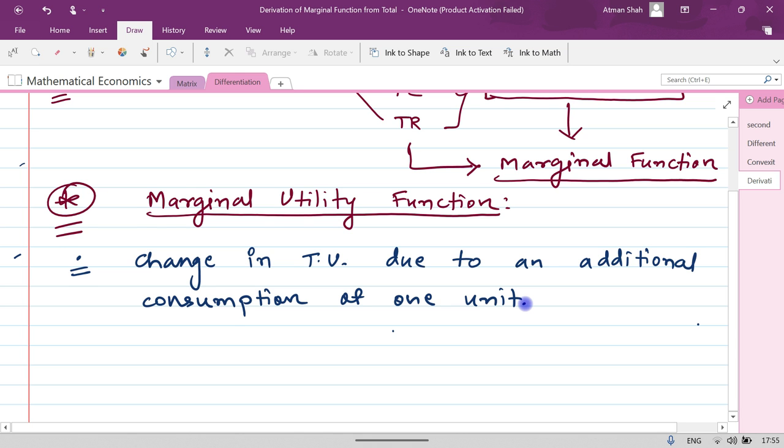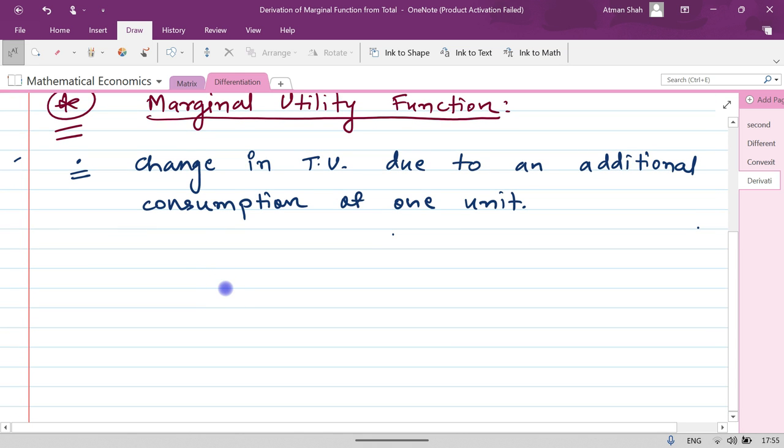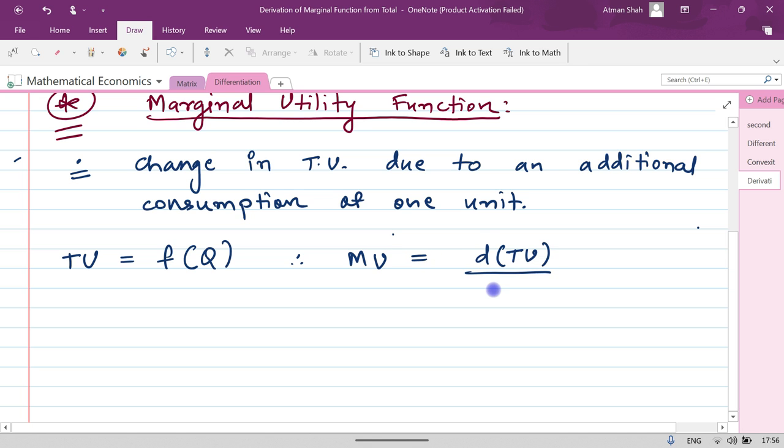That is marginal utility. So now suppose our total utility function TU is a function of Q, where Q is the quantity. So therefore marginal utility is the derivative of total utility with respect to Q.